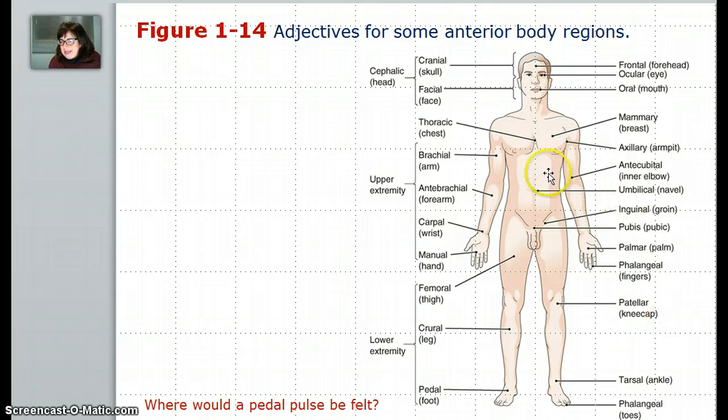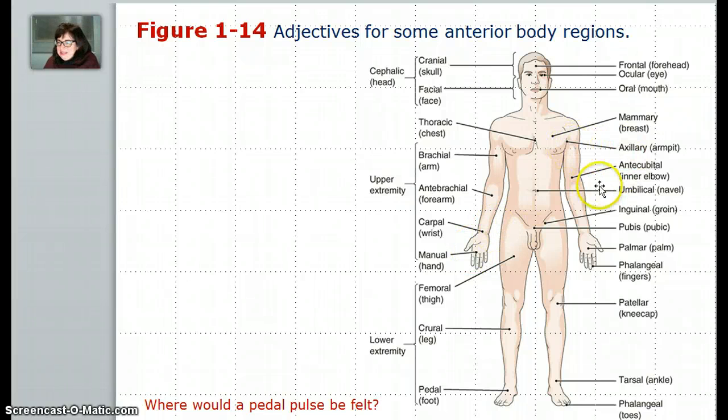So when you look at antebrachial, that's the forearm, the area before the brachium. Most of these you're familiar with because you've heard terms related to them. Some you might not be aware of, like crural, which is the leg. Then you have patellar, which is the kneecap. Palmar is the palm. Now this is what's called anatomical position, where you have the palms up.